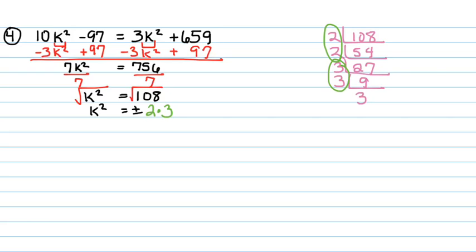I don't have an i that came out because it was positive, but I do have the square root of 3 left behind. And so if I simplify that out, I end up with k equal to plus or minus 6 times the square root of 3. So if I write my solution out, I have negative 6 times the square root of 3, and a positive 6 times the square root of 3 as my solution.